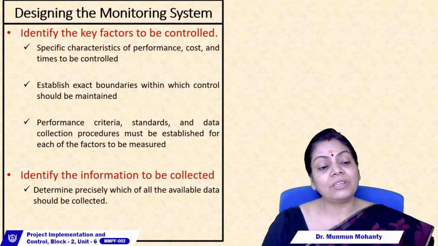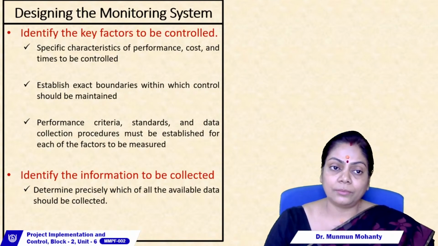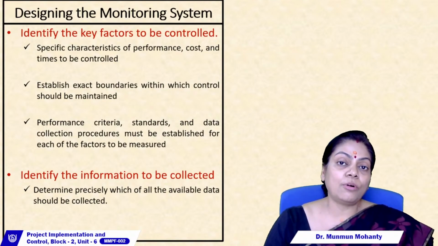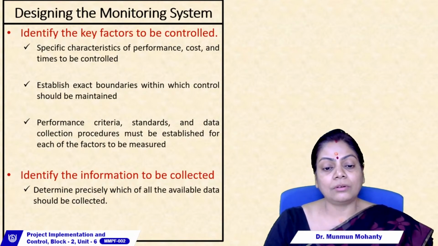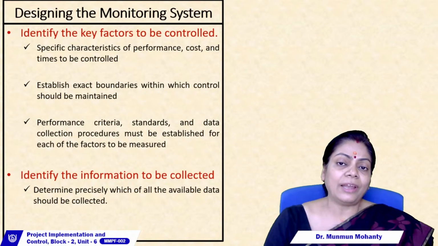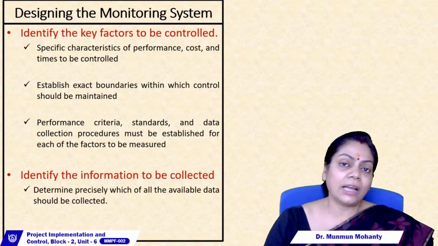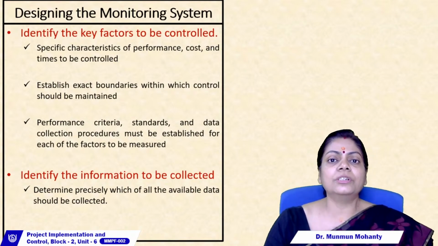Now, having identified the factors that you need to control, the next obvious step is the information that you need to collect about each of these factors. What could be the various data that you need to collect about a particular factor? It could be accounting data, for example the various cost figures and profit figures.